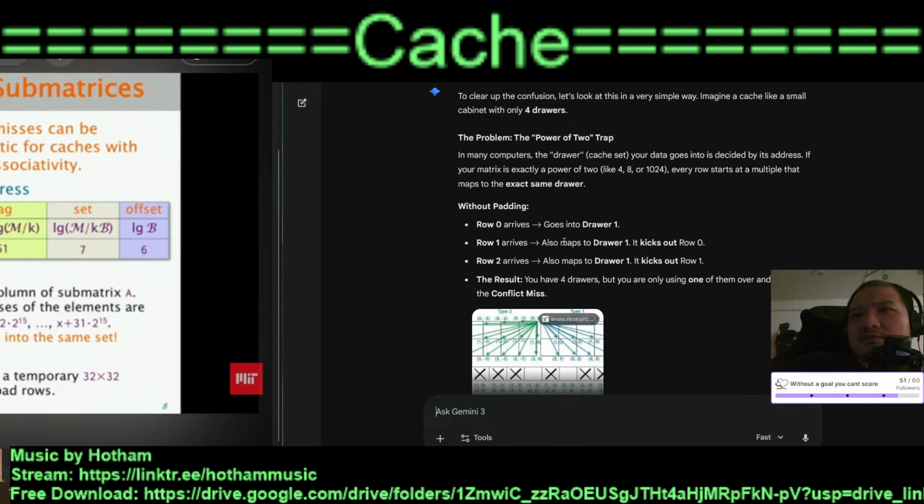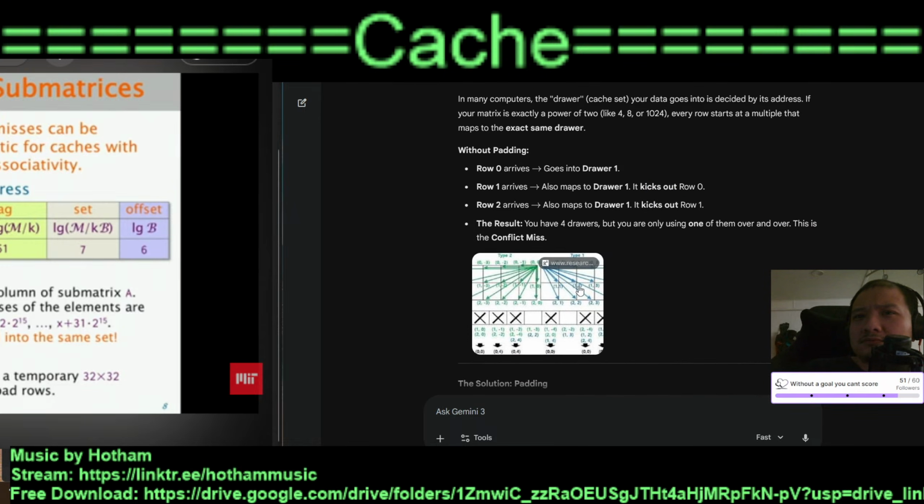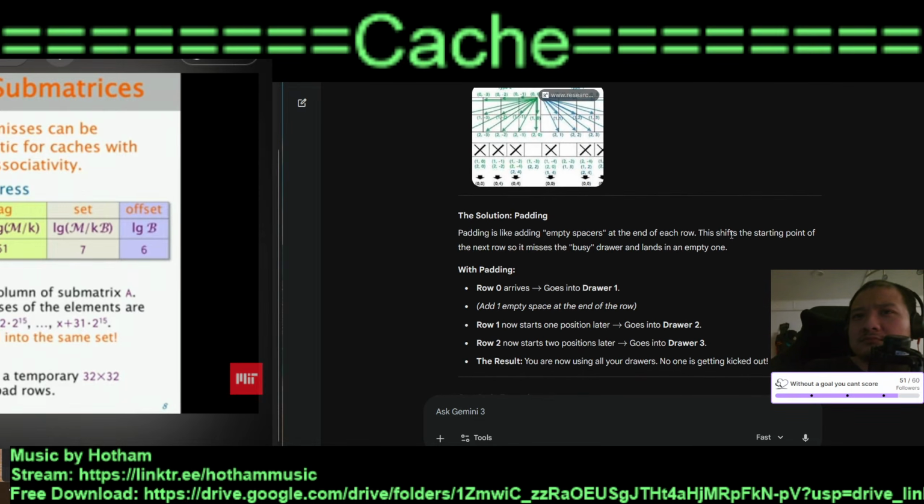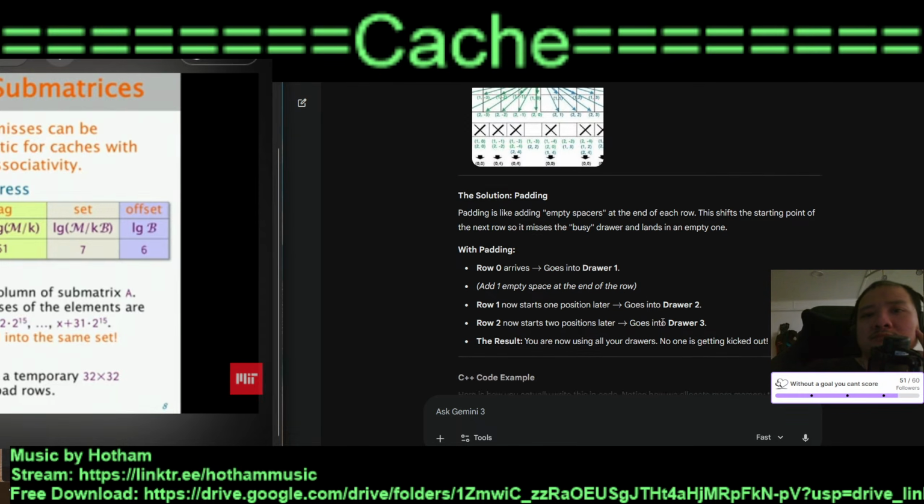Your data goes into a place decided by its address. Add a row to fix conflict miss.